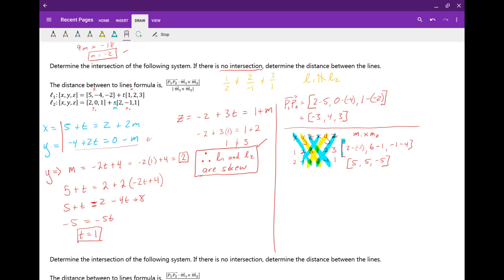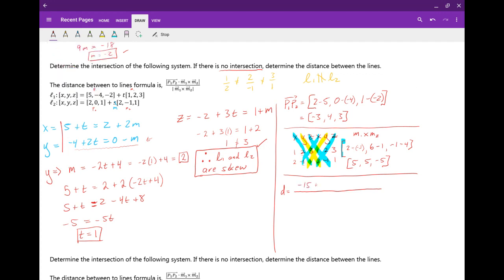All right, so I have M1 cross M2. I've got P1, P2. Now I need to dot product those. To get my distance, it's just the dot product of these two vectors. So it's 5 times negative 3, or negative 15.